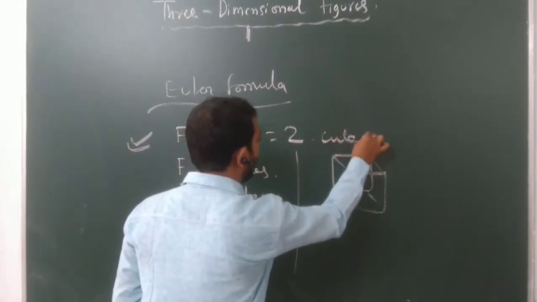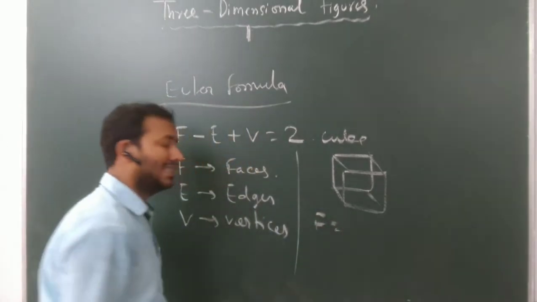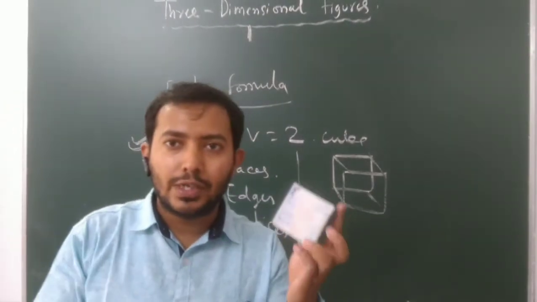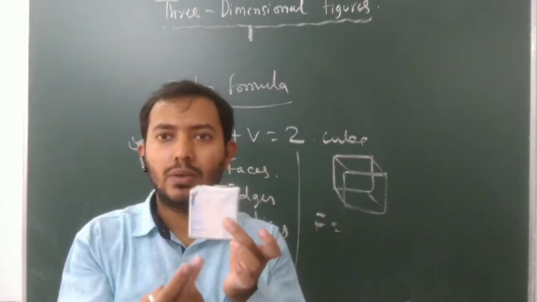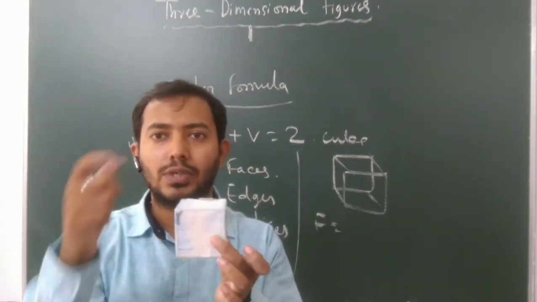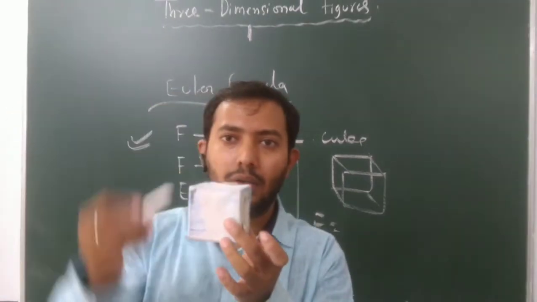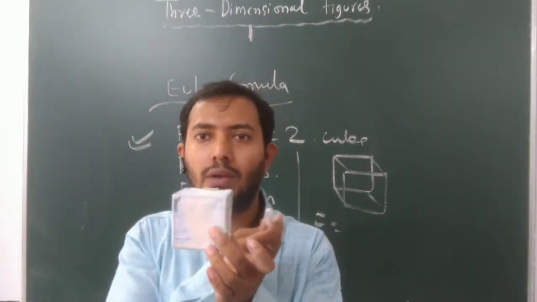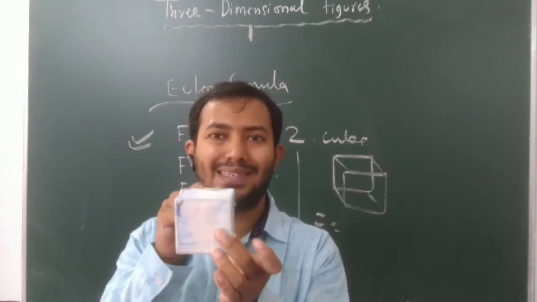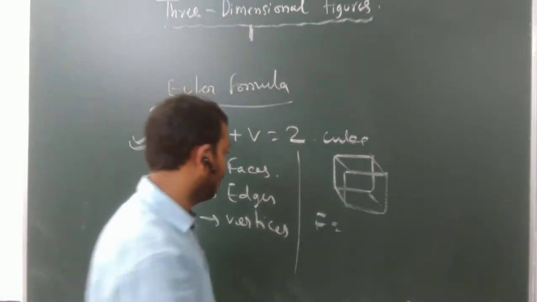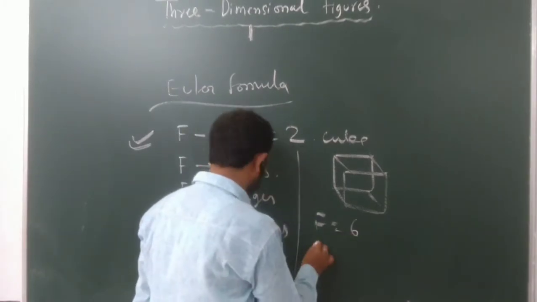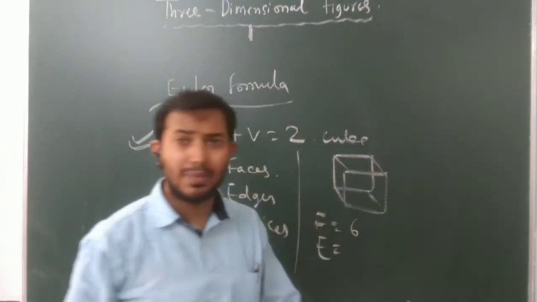This is the cube. The faces, how many are there? You can see here 1, 2, 3, 4, 5, back side, front, 6. There are 6 faces. Edge, what does it mean?